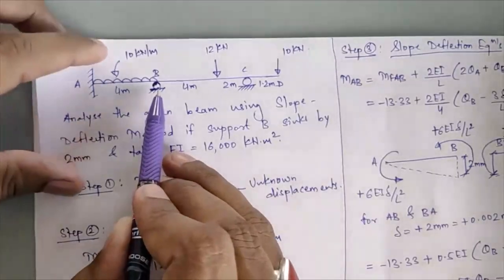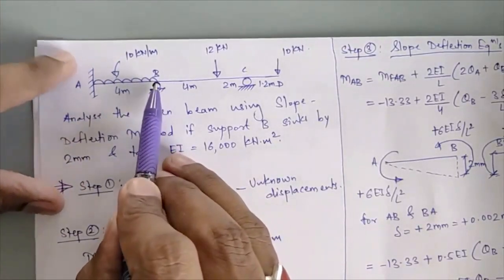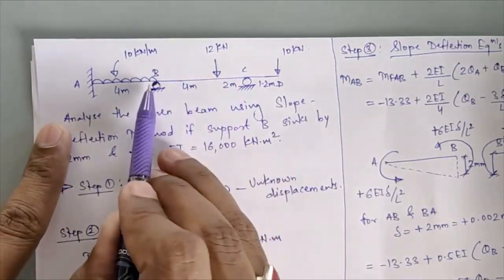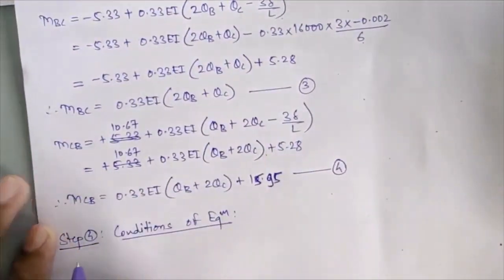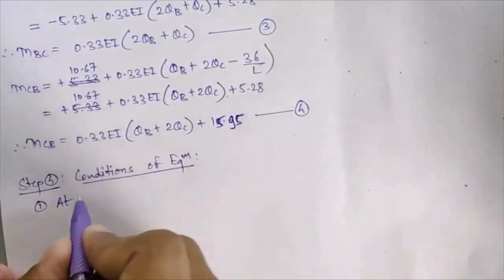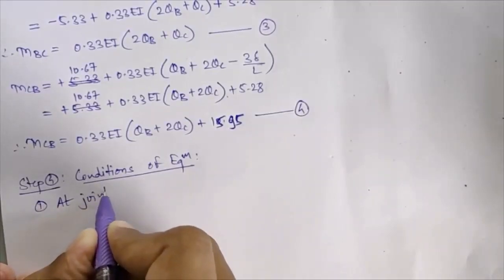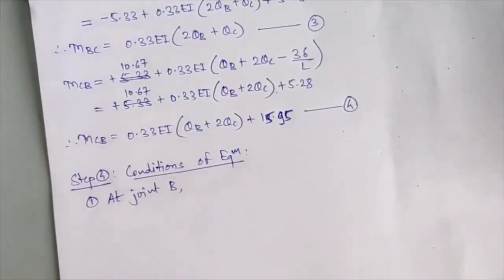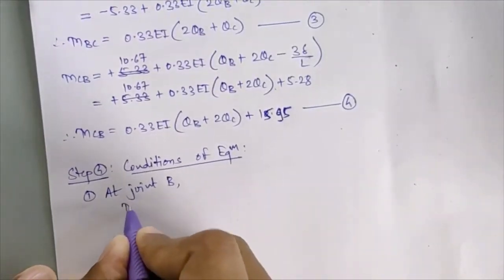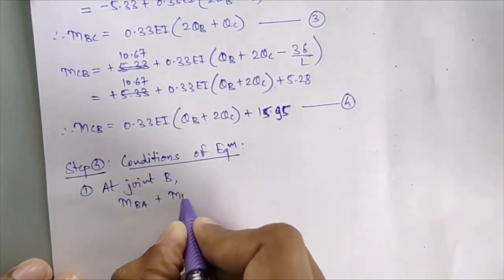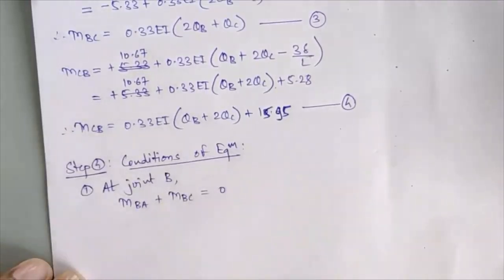At joint B, you can say, to keep this joint in equilibrium, whatever moment acts at point B, MBA and MBC shall come equal to 0. So my first condition comes at joint B. What is that? MBA plus MBC shall come equal to 0.